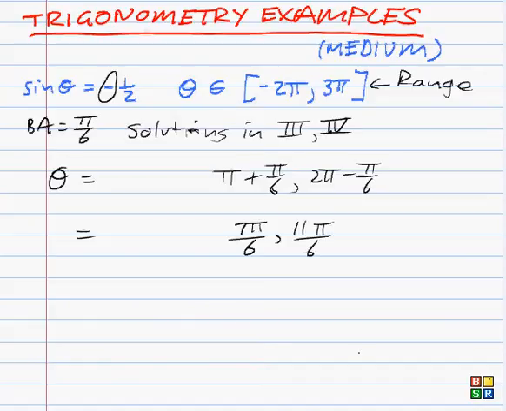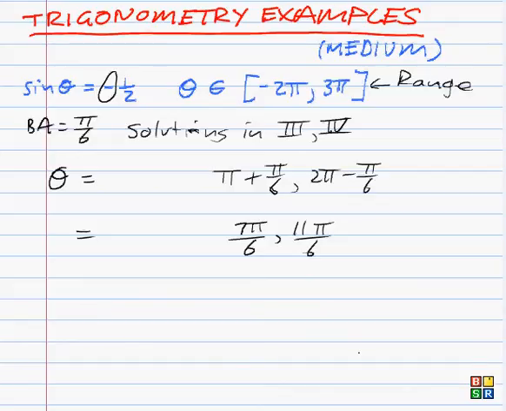Now, you'll notice that I've left a lot of space for writing this, because what we need to do now is add and subtract 2 pi to each of these solutions to fill up every solution in the range. I'll say that again in a different way.